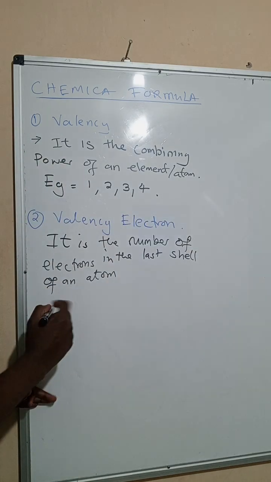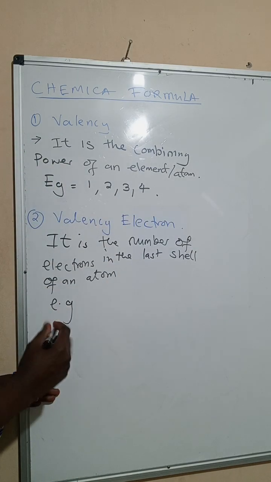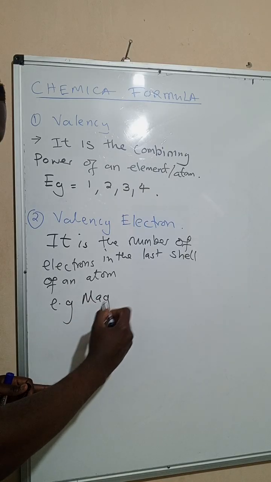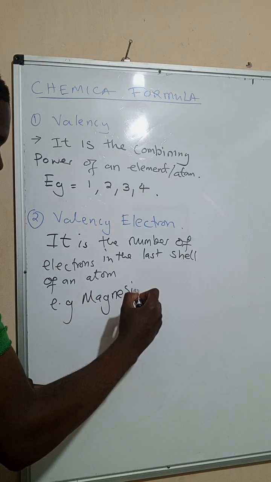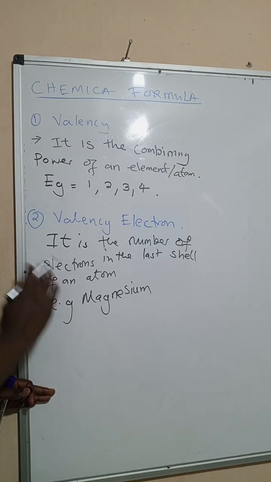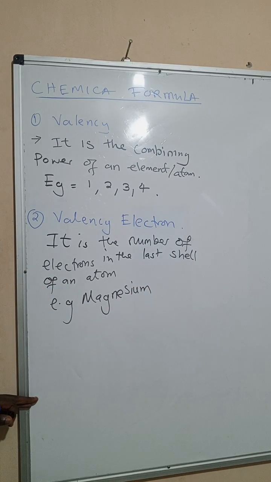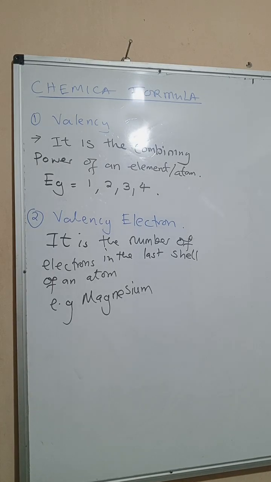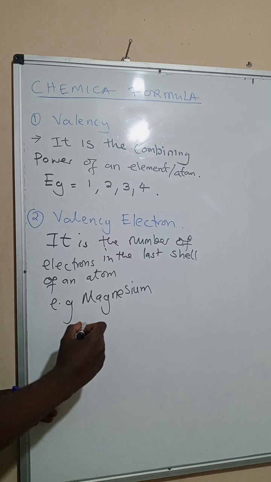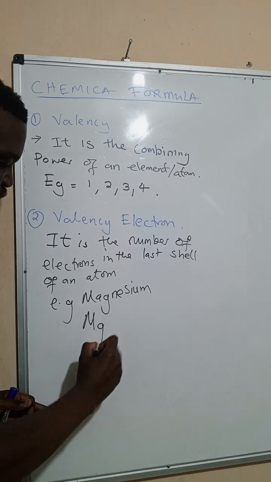For example, let's write an element like magnesium. The chemical symbol for magnesium is Mg.